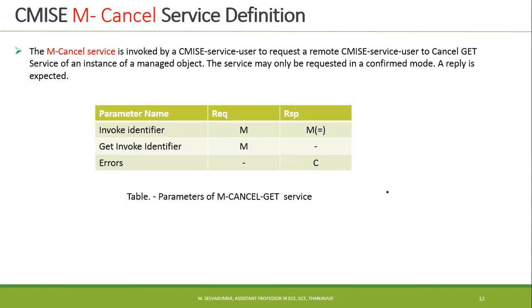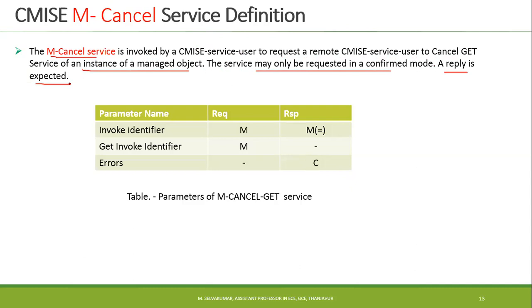Another, the last service of the CMISE is the cancel service. The M-cancel service is used by the CMISE user to request a remote CMISE user to cancel a get service of an instance of the managed object. The service may only be requested in a confirmed mode. Only a request, and a reply is expected.